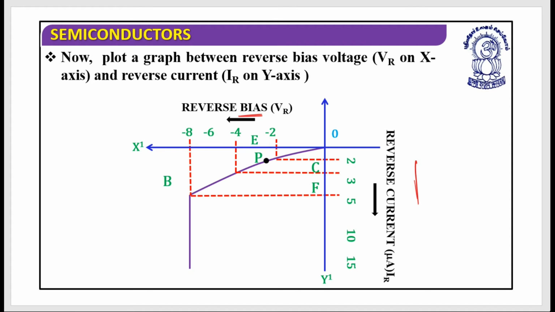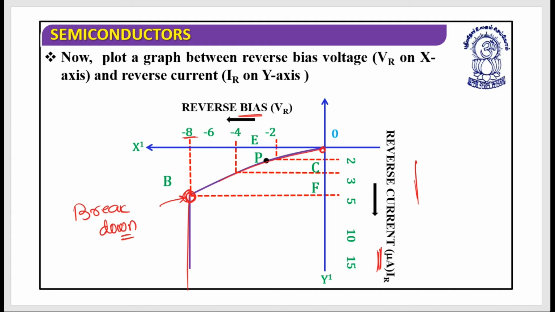As you can see, a very small amount of current is flowing through this. Please note, this is in microamperes. This very small amount of current passes through it, and at a certain stage a sharp current occurs, which we call the breakdown. Once you reach the breakdown, there is a sharp increase in the current.